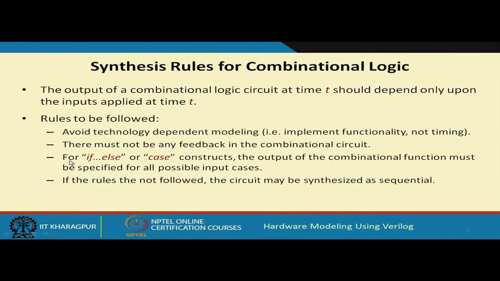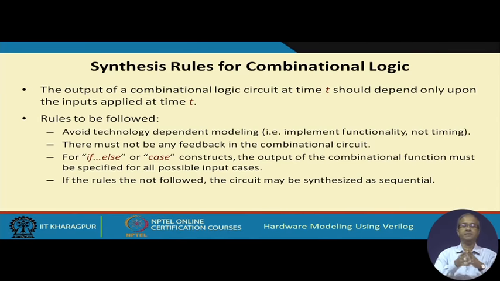And the third point I mentioned repeatedly earlier: whenever you are having some kind of multi-way branching, either using if else or using a case construct, where you are checking for some condition and then deciding on some assignments, the output of the function you are assigning to must be specified for all possible input cases.